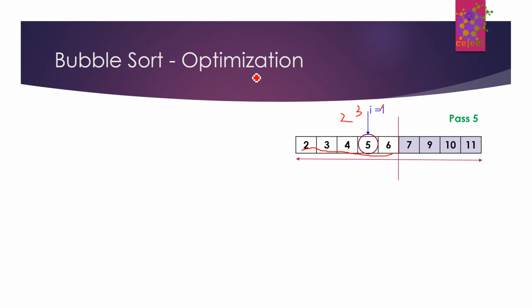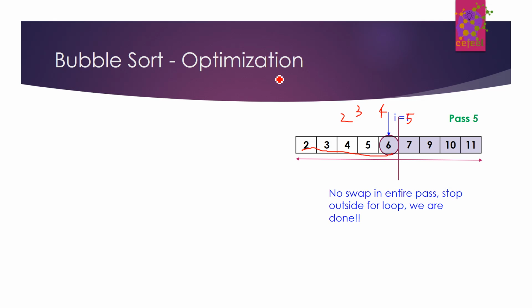We incremented i to 4, there was no need to swap. Finally i became 5, and there was still no need to swap. So since there is no need to swap, we could have just ended the outer for loop here, saying that we already have a sorted array. No swap in the entire pass means we can stop the outside for loop and say we are done.